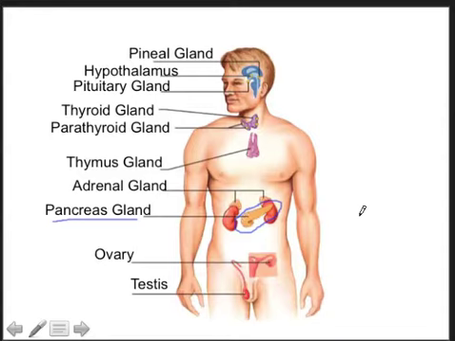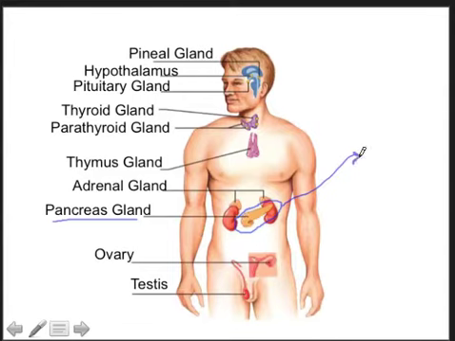Its exocrine function, and by exocrine gland we mean that the product of a particular gland is secreted through a hose that we call a duct that either squirts its product into another organ or onto the surface of a tissue. So its exocrine function is to produce digestive enzymes.